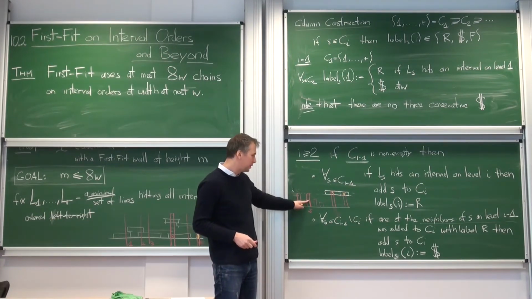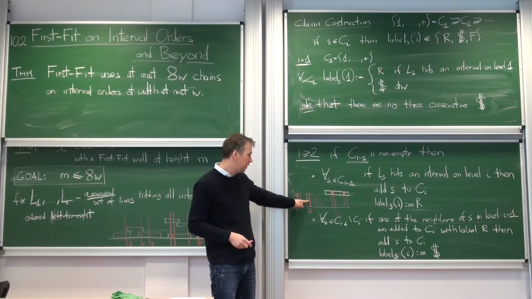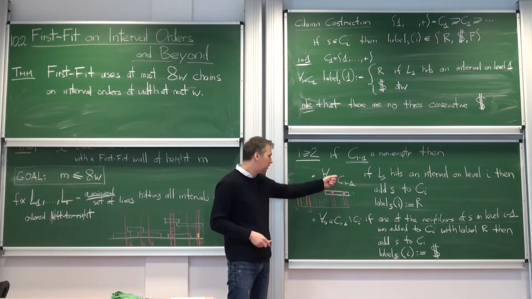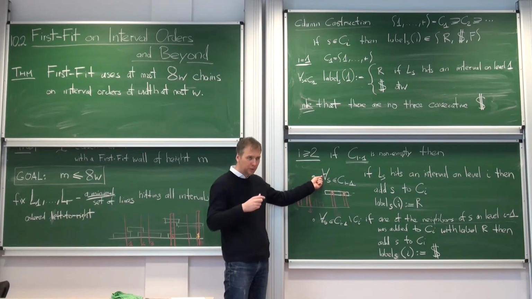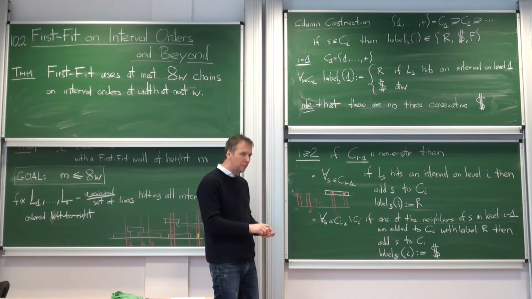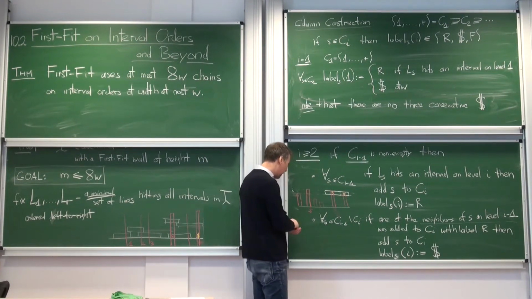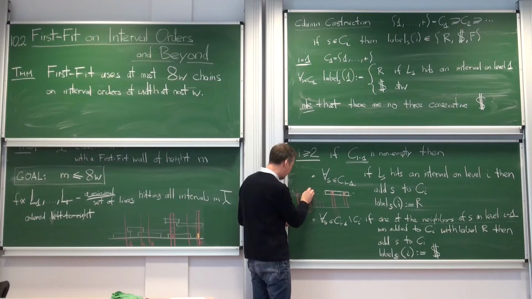So if one of the neighbors of our column already made it to level I with label R, so made it with the first rule, then our column also makes it, and it receives a dollar sign.